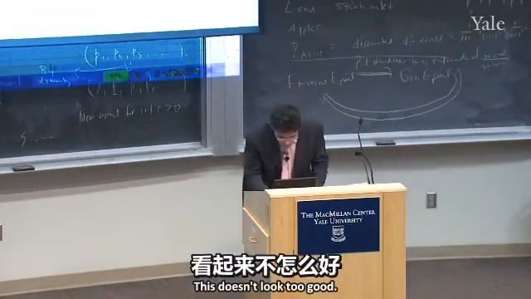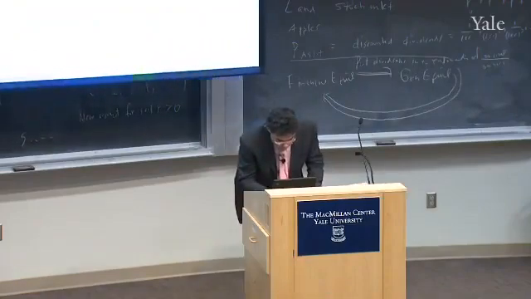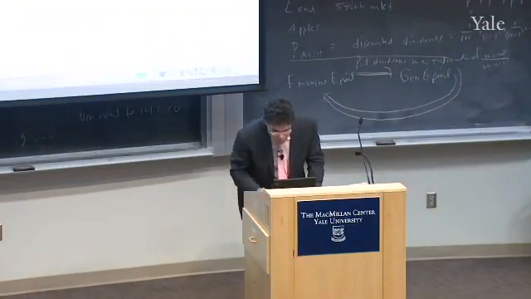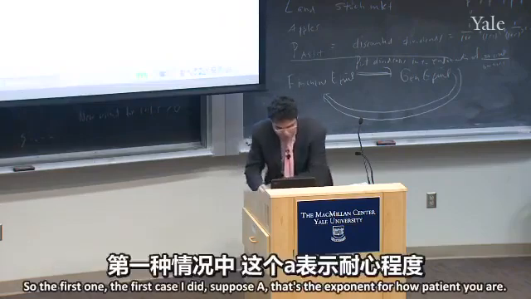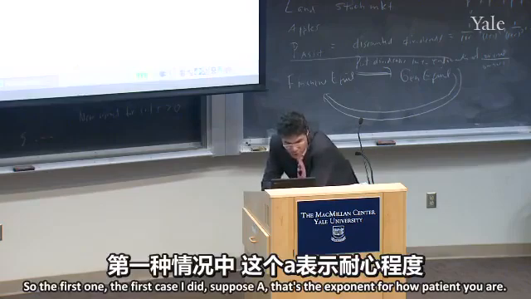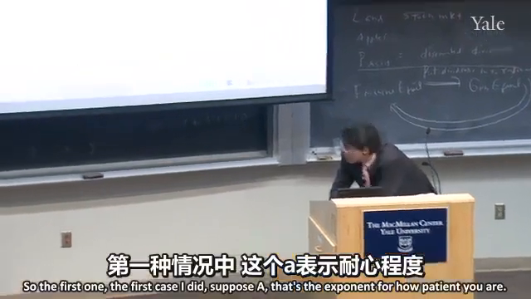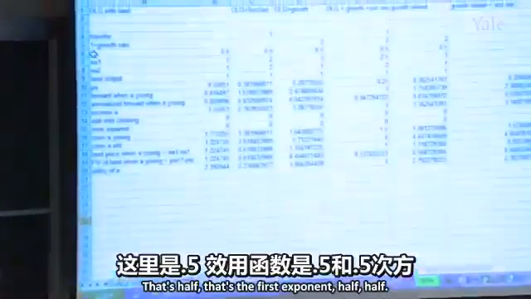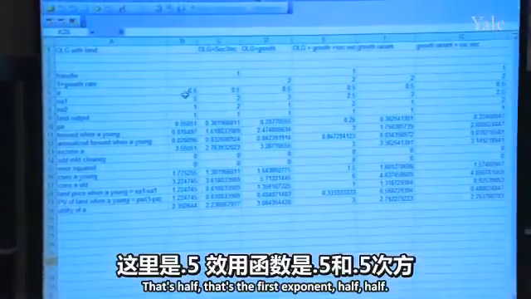Well, this doesn't look too good. Okay, so the first case I did is I say, suppose A, that's the exponent for how patient you are, it's half. Okay, that's the first exponent.